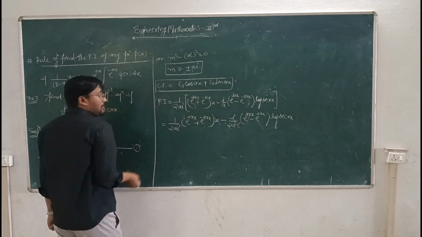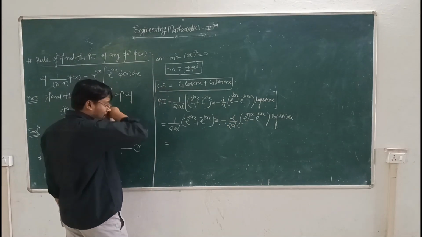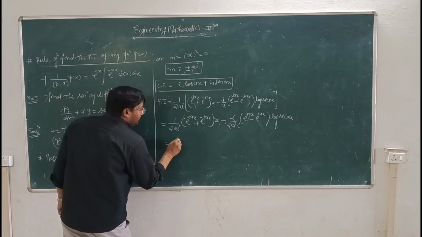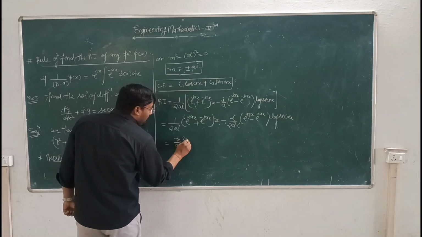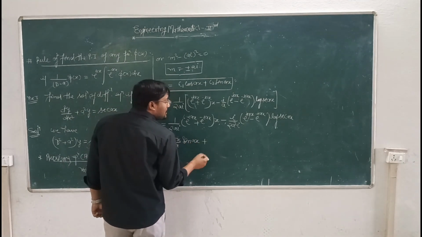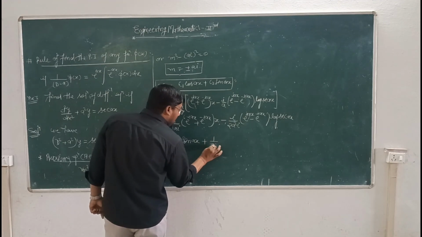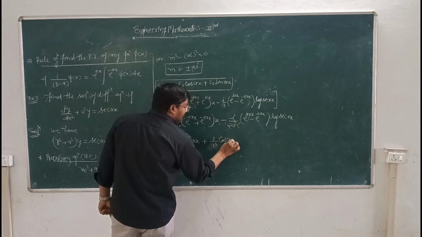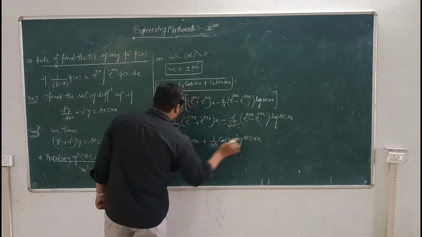Now this is a function of sin x, this is a function of cos x. Now you can write x by a sin ax plus 1 upon a square cos ax into log sec ax. This is your PI.